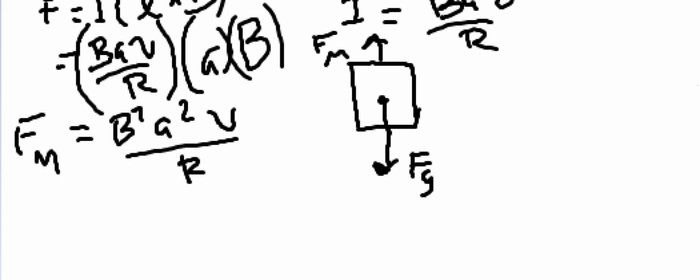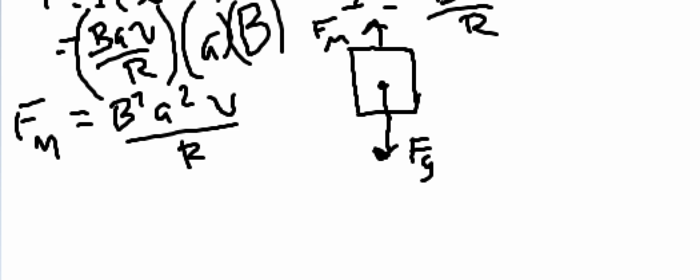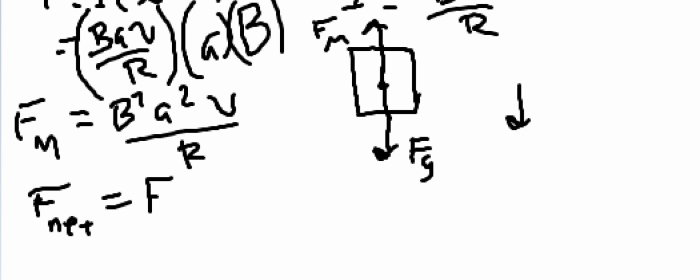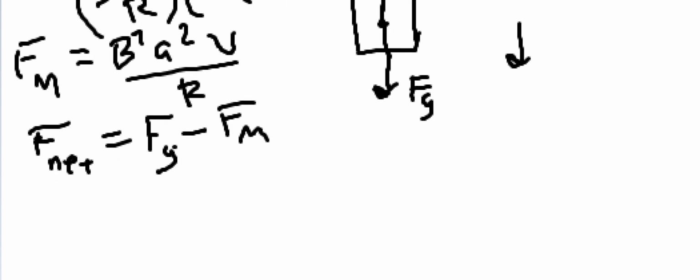With that in mind, we can now solve an interesting equation, which is the net force. I'm sorry, this should extend to the center of mass. What we get is that the net force is equal to the force of gravity minus the magnetic force, because this rectangular loop is still moving downward.